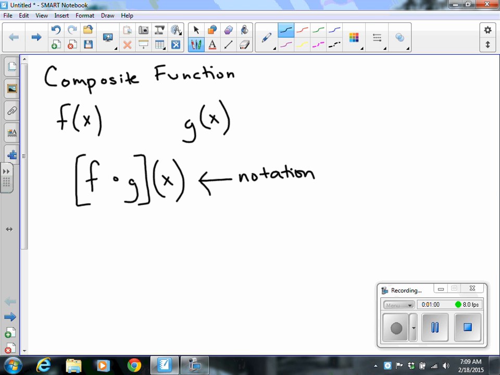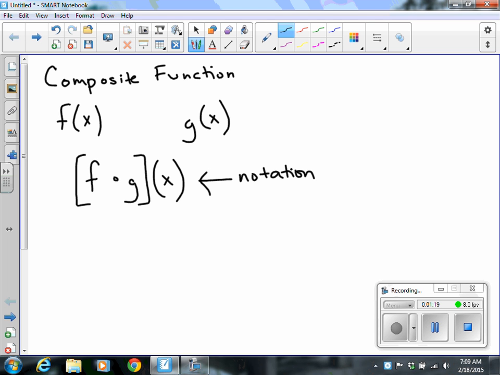With this notation, notice that it's f, then a little zero in the middle, and then g. What that means is the function that comes second is the function you start with.